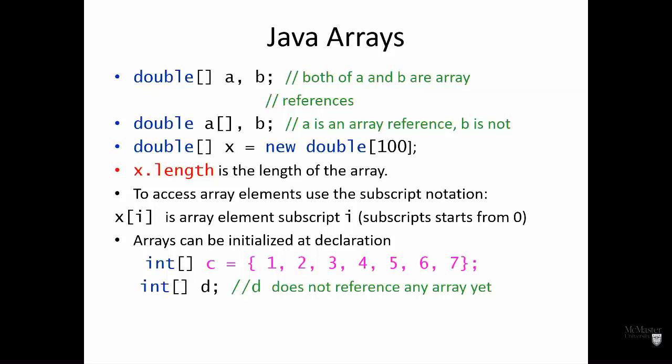The third, this one. Read it like this: define a double array called X, which is an object of type double array, and it has 100 elements. So it's like in C, where you define a double array of size 100, that's it. But because in Java everything is classes, you need to use new, the object definition of a class, and by this you allocate a place in memory.